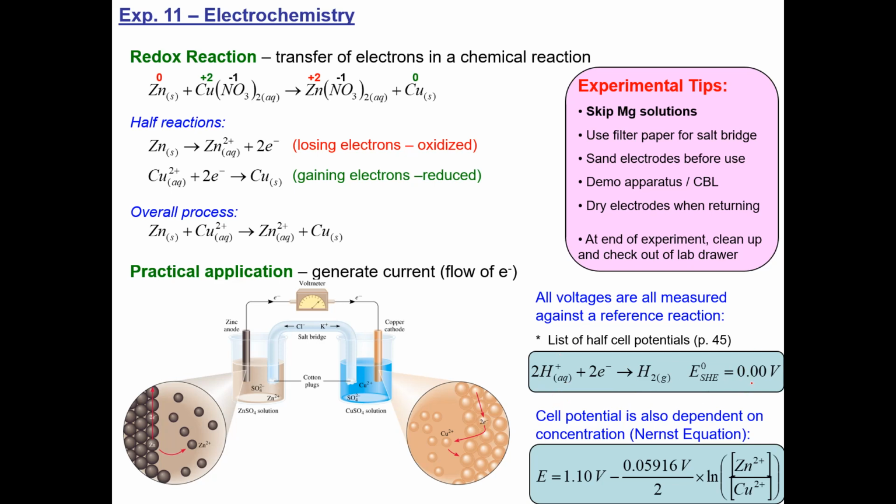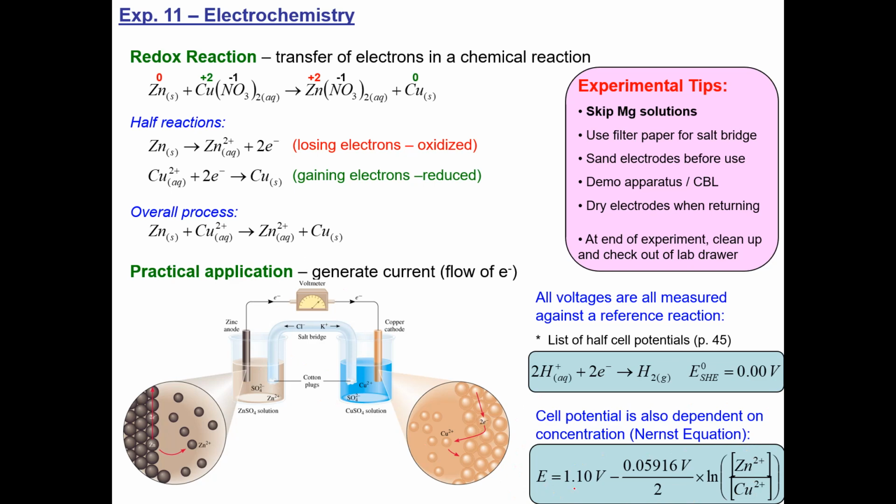Now, one of the other things we'll play with in this lab experiment is how concentration affects the voltage of our cell, and we can describe how concentration impacts voltage by looking at the Nernst equation. The Nernst equation for the zinc-copper battery, which is what you see here, is shown down here in the second box.